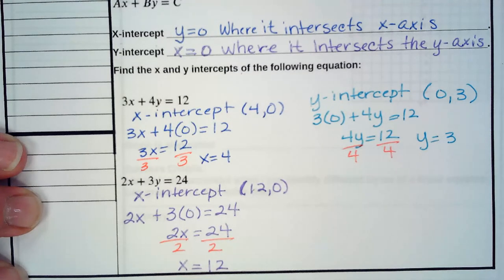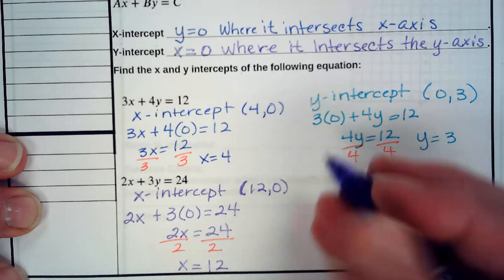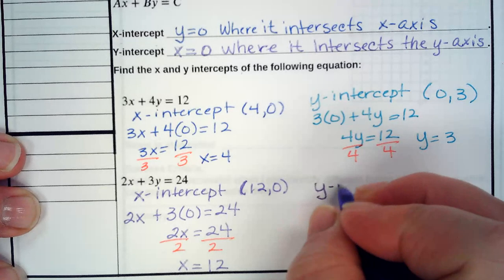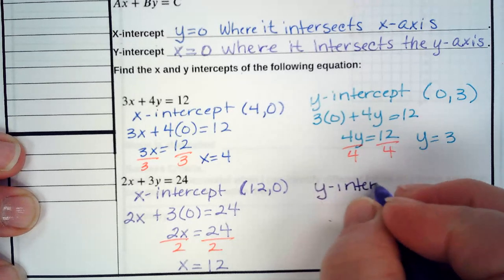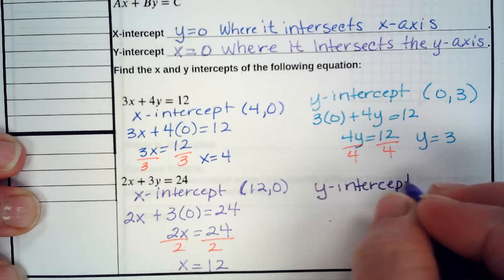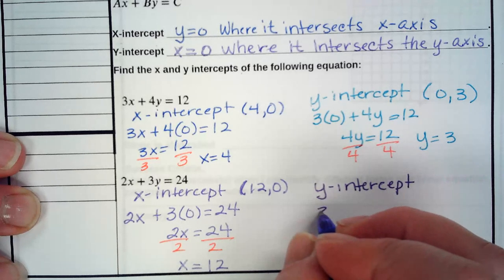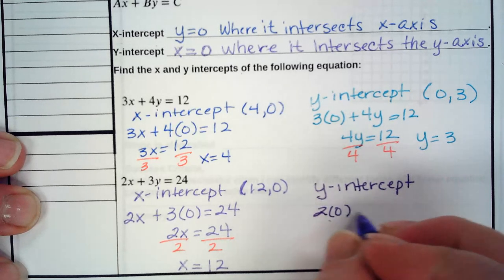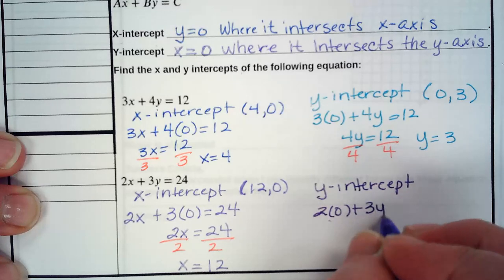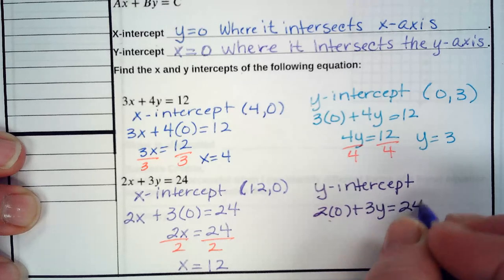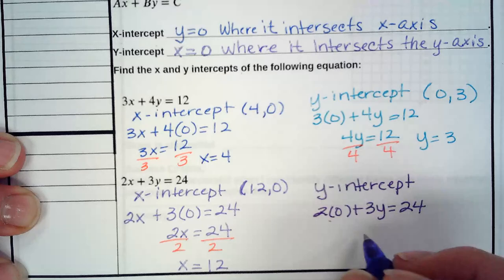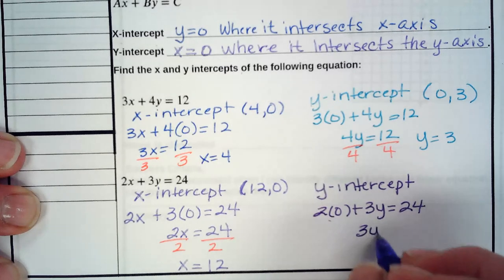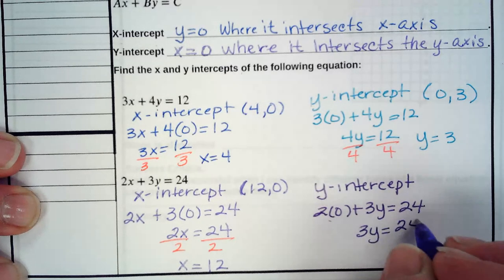For your y-intercept, this time x is equal to 0. So it's 2 times 0 plus 3y is equal to 24. 2 times 0 is 0, so 3y is equal to 24.